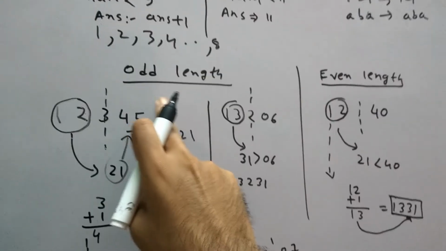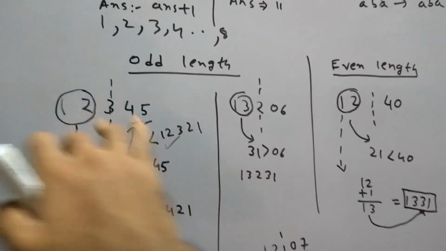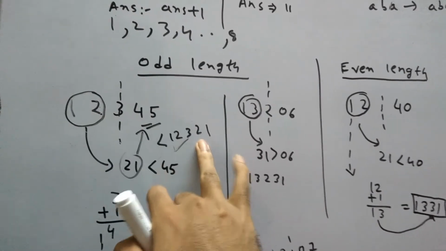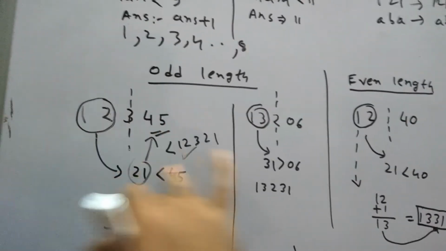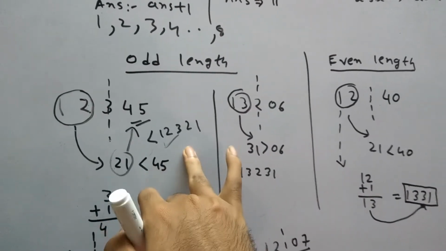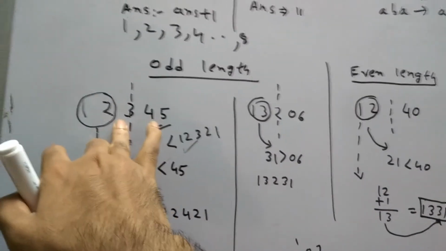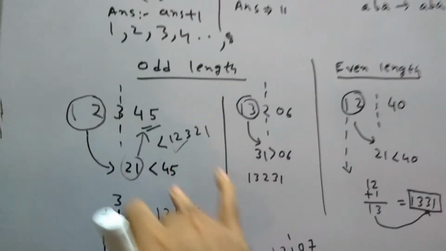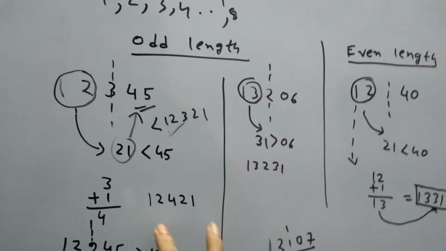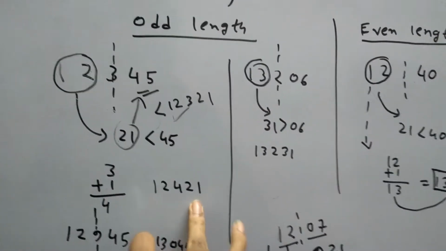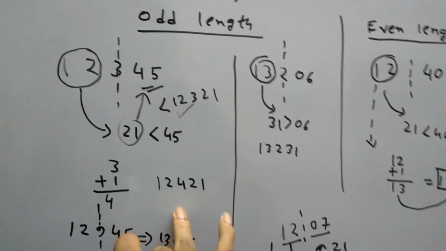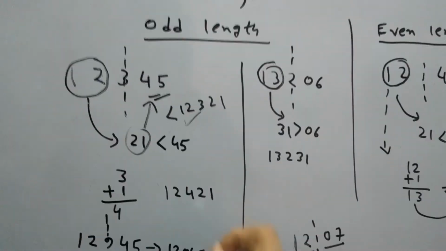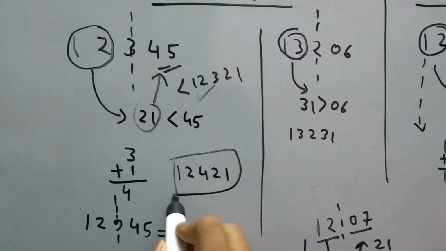We have to find the palindrome which is next to this number, so it should be greater than this number. That is not the case here, so we have to increase the middle element by 1. We make this element 4 and do the same procedure. Then the number would become 12421. This is greater than the given number, so this could be our answer. So this is one case.